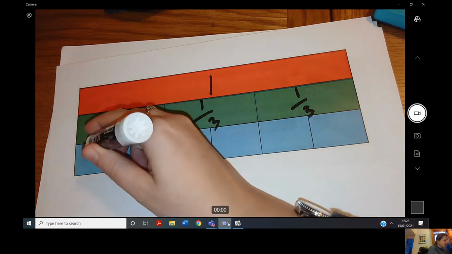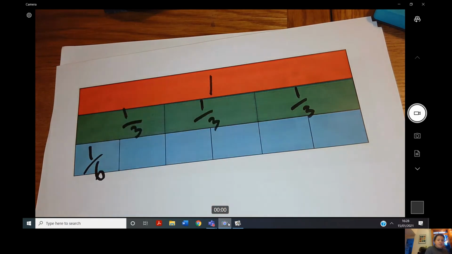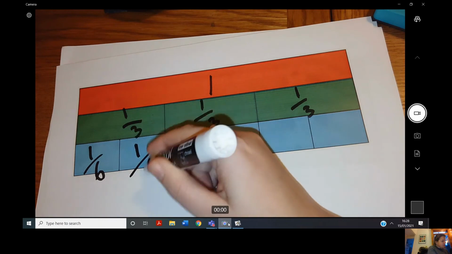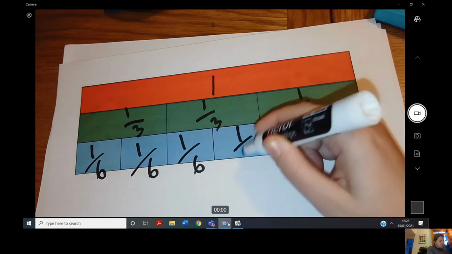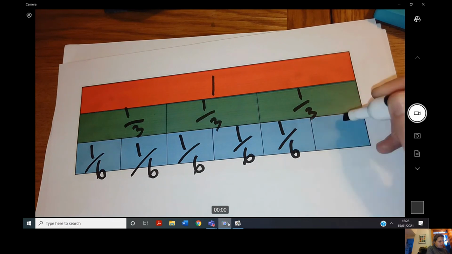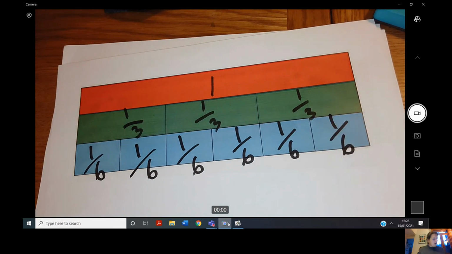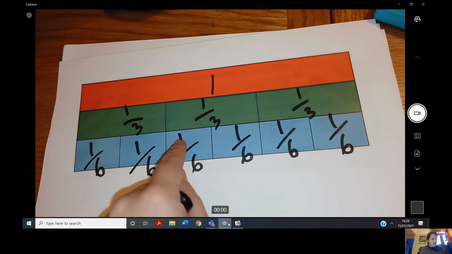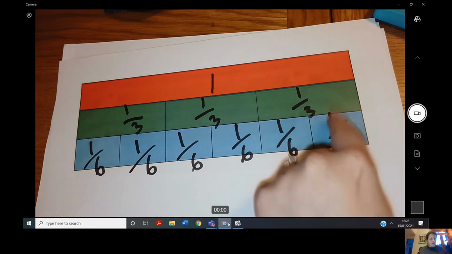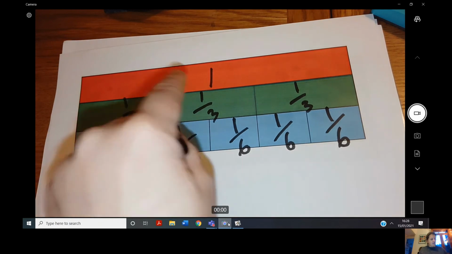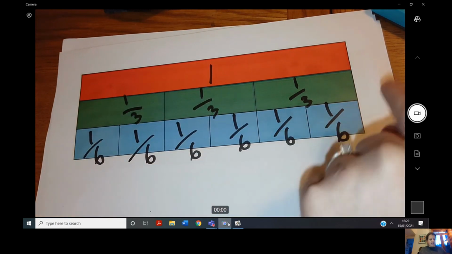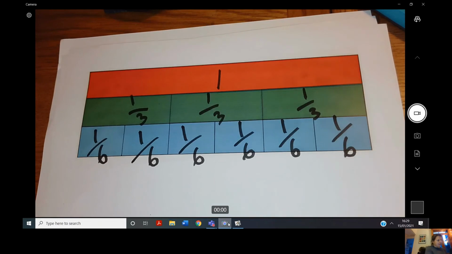This means my denominator is going to be 6. 1/6, 1/6. Now let's have a look. 1/6, 2/6, 3/6, 4/6, 5/6, 6/6.